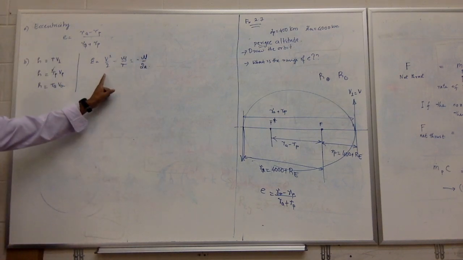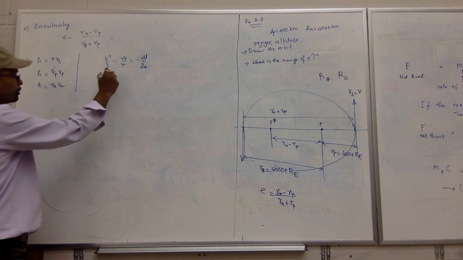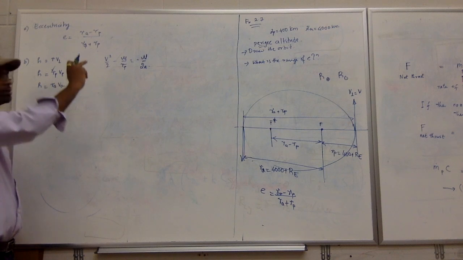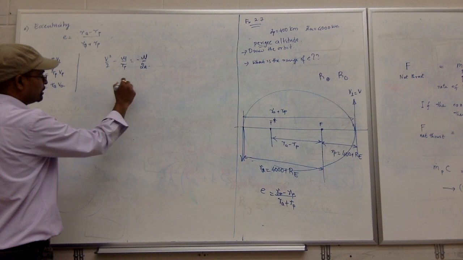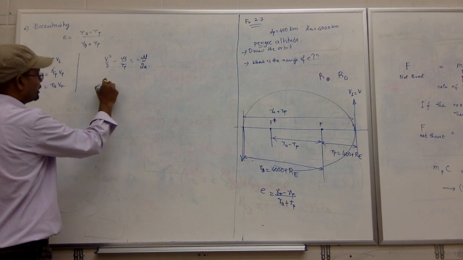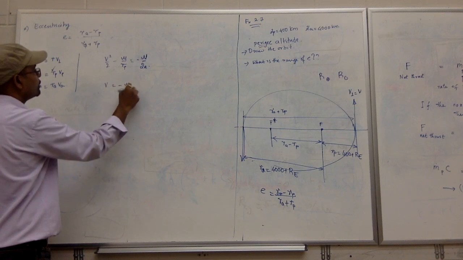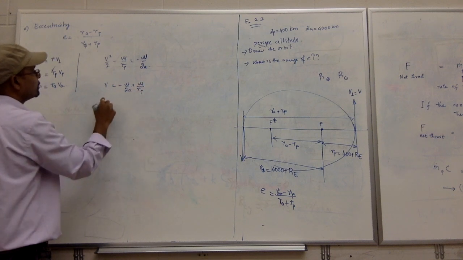You know this as well, right? We have derived this. So you use this part of the equation, and then you can arrive at that. Here we know this is RP. If this is RP, this becomes B. You get V is equal to minus mu over 2A plus mu over RP.